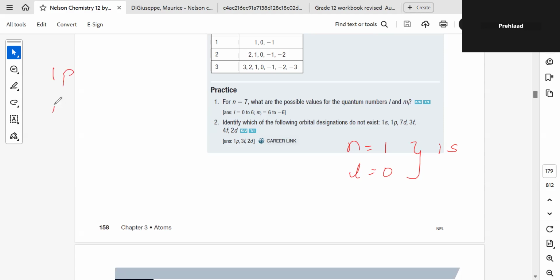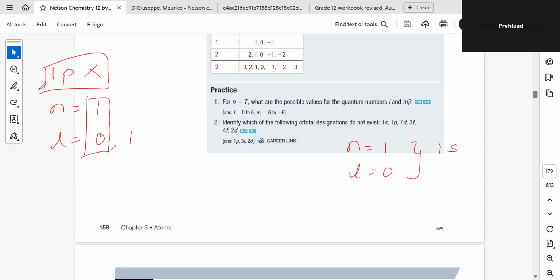That means your n number is 1, and your l number should be 0 and 1. But we know that it stops here, and since 0 is with s, it's going to be 1s. So this doesn't exist.